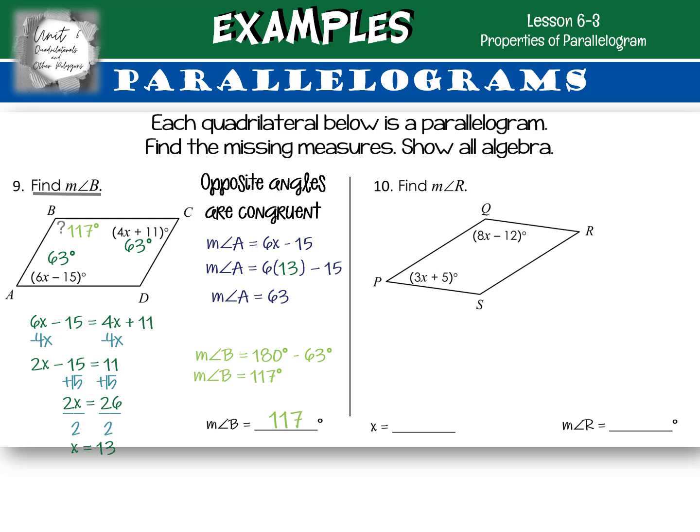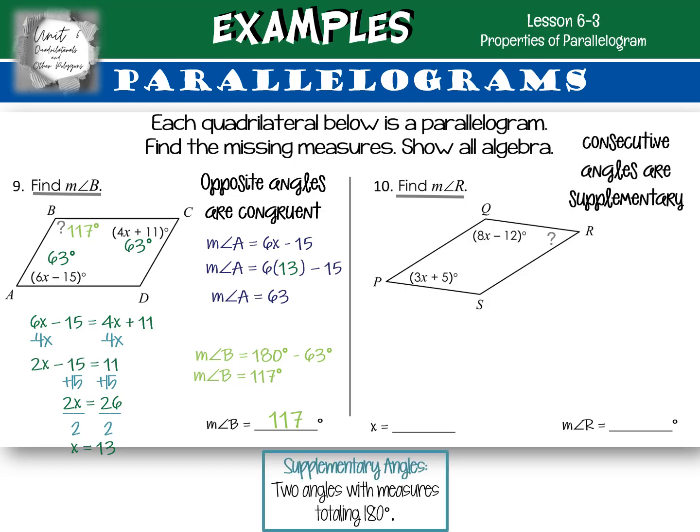Let's see, we want the measure of angle R, and we are given consecutive angles. They are supplementary. So we're ultimately going for that, but consecutive angles are supplementary, which of course means they add to 180 degrees. Everything from day one's fair game.